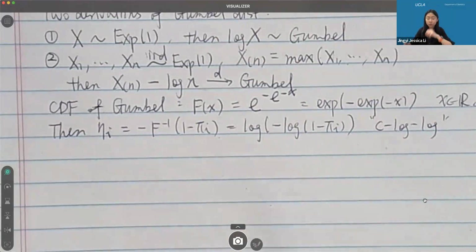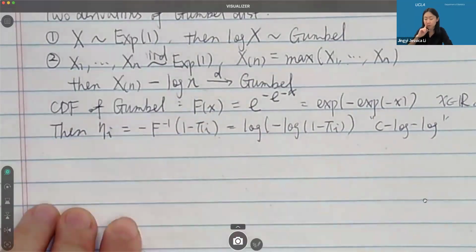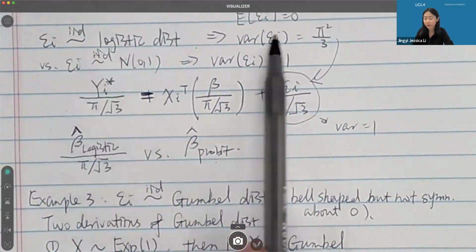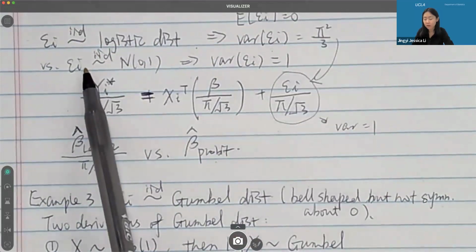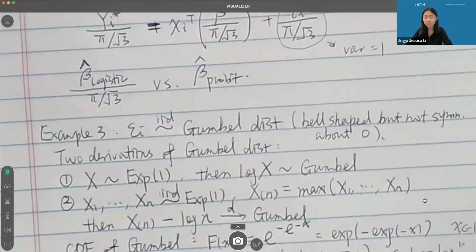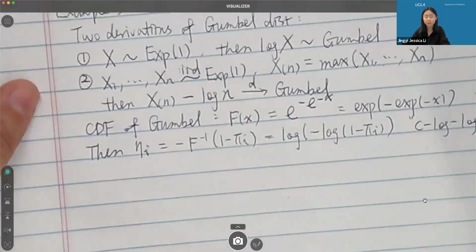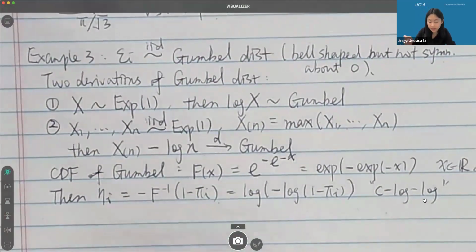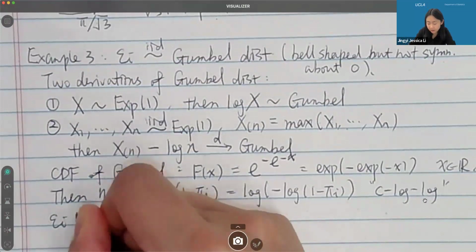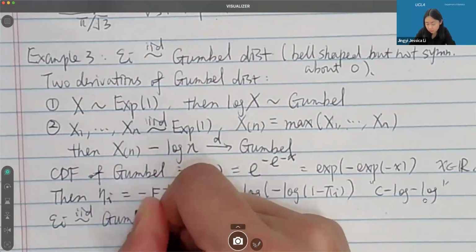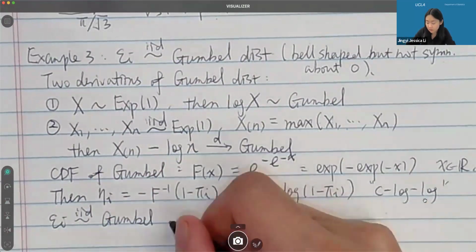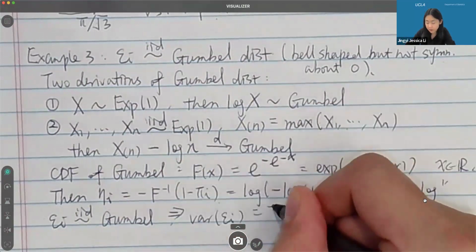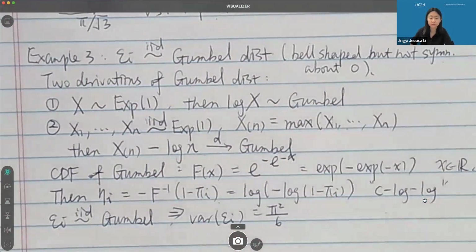Similar to our previous discussion about the variance of epsilon i given a distribution, epsilon following logistic has variance pi squared over 3, and epsilon i following standard normal has variance 1. How about here? When epsilon i follows a Gumbel distribution, the variance of epsilon i is pi squared over 6.